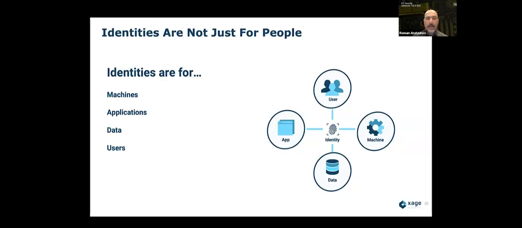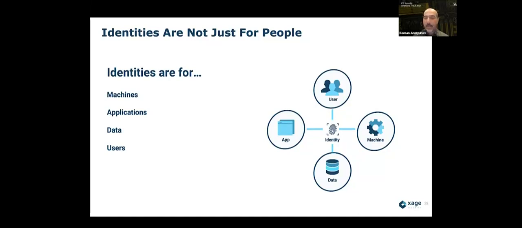Well, identities are actually a much more effective way for managing access compared to static things like IP addresses and MAC addresses. Identities are recognizable. They're human recognizable, and it's easy to recognize an identity of a machine by, for example, its name, a human recognizable name, versus just an IP address or a MAC.